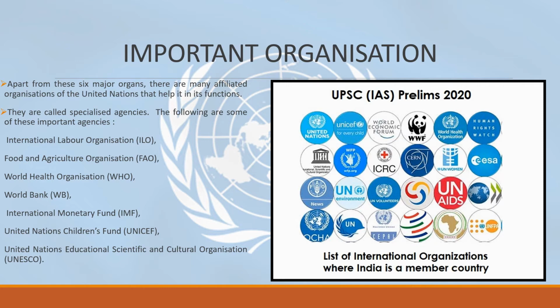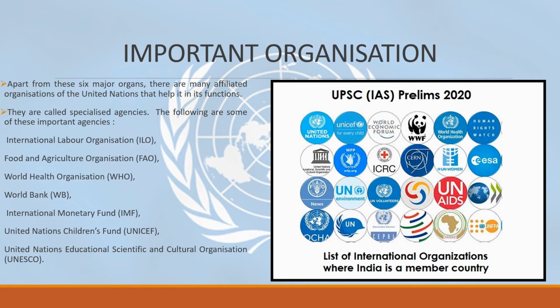Here are some of the important agencies under the UN. The first one is ILO, the International Labour Organization. The next one, FAO, the Food and Agriculture Organization. WHO, World Health Organization. WB, World Bank. IMF, International Monetary Fund. UNICEF, United Nations Children's Fund.